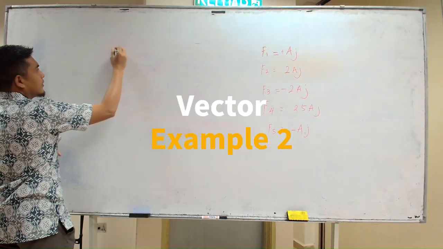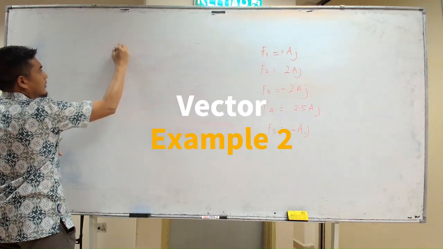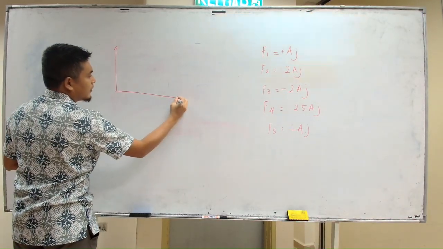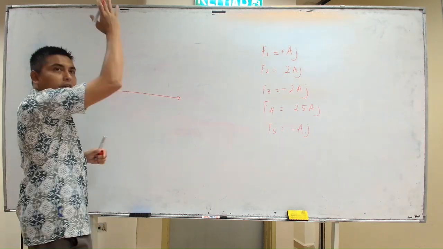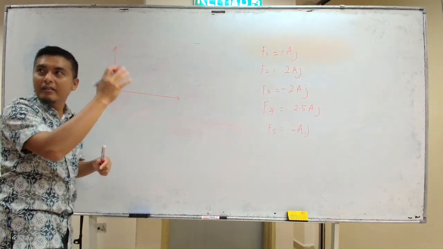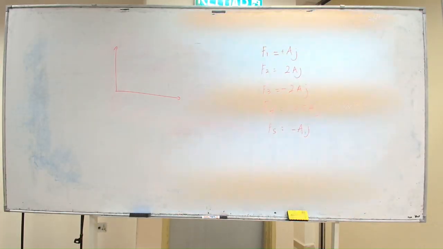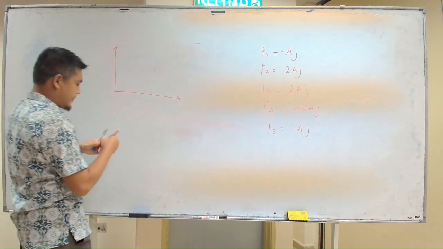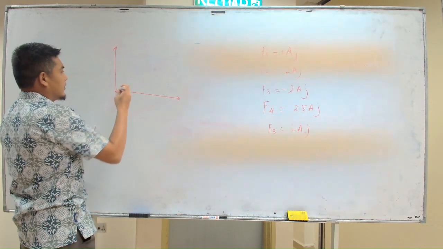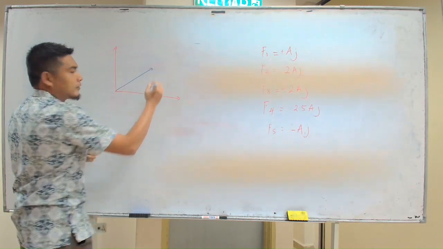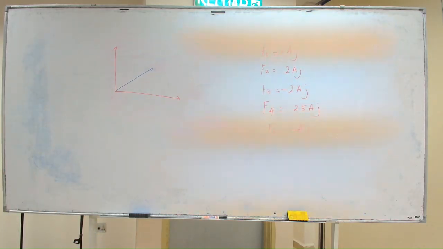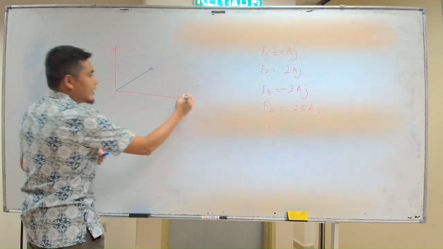Sorry, this is only vertical. How about I have an arrow at the diagonal? Diagonal, same thing.